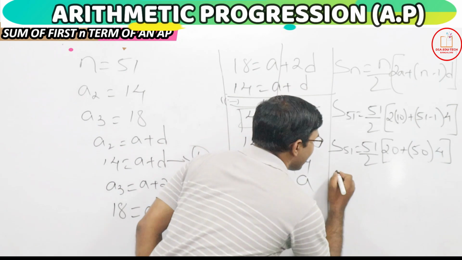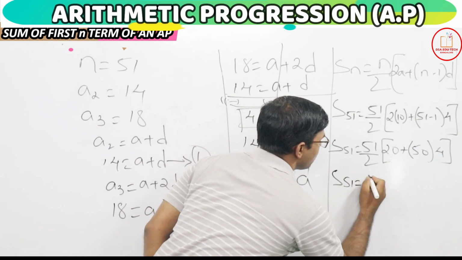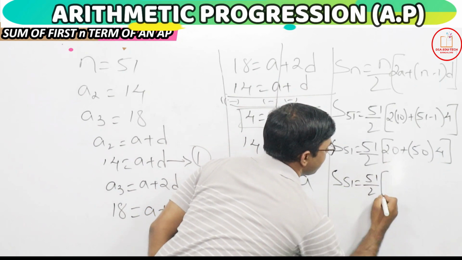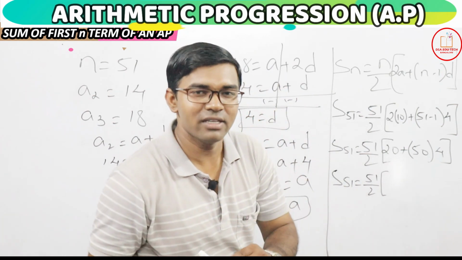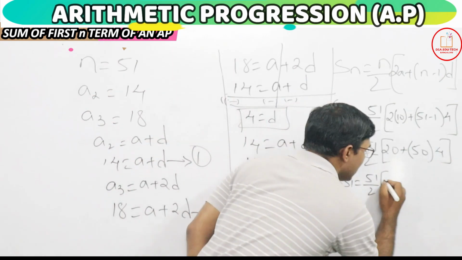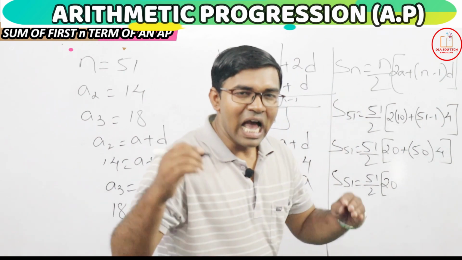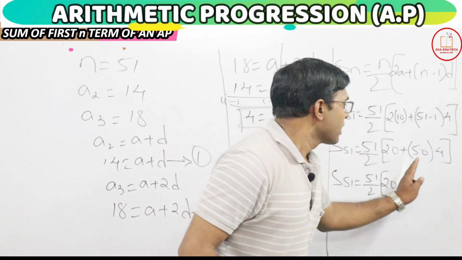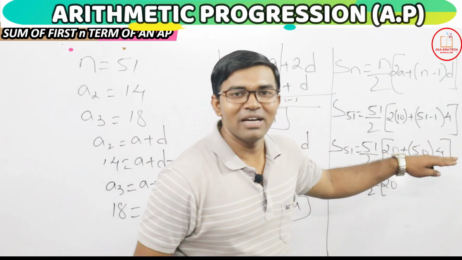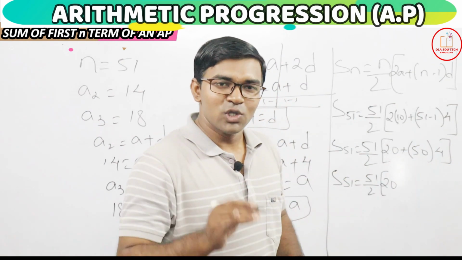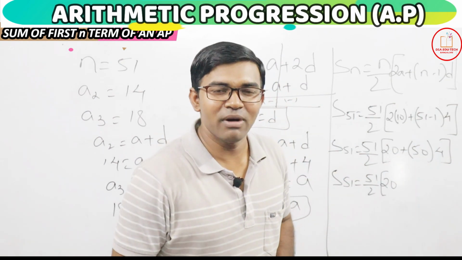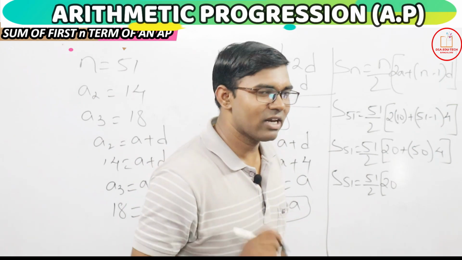So now moving to the next, S51 is equal to 51 by 2, and I will write it as it is. This 20 also I will write as it is, and then this 50 I will multiply with 4. So 50 into 4 is nothing but 200, right? Yes, we get 200.